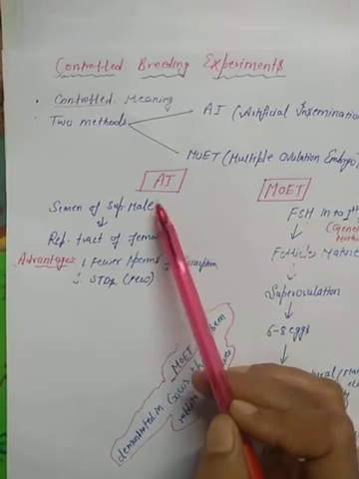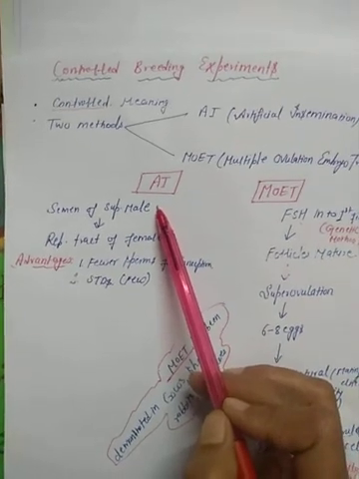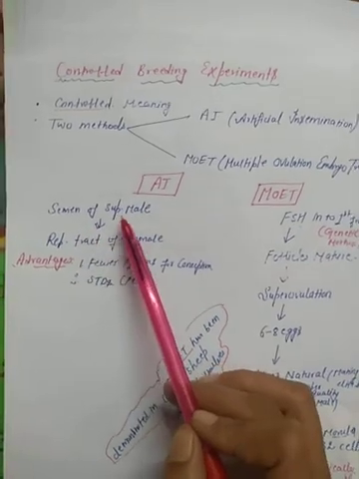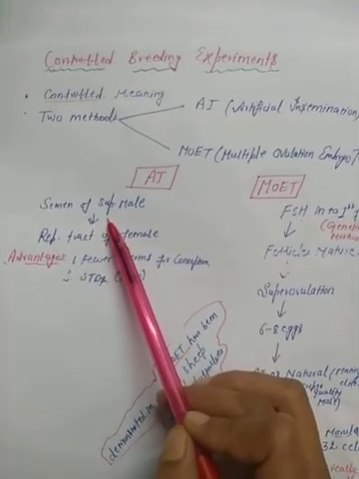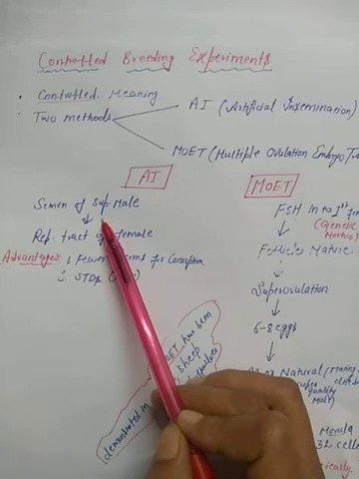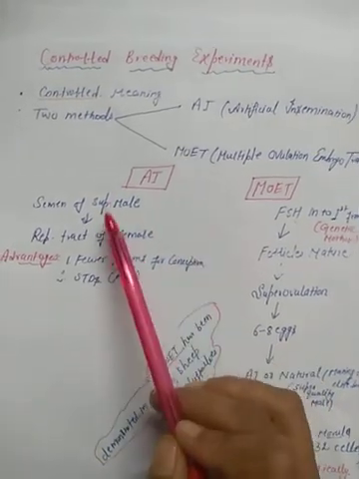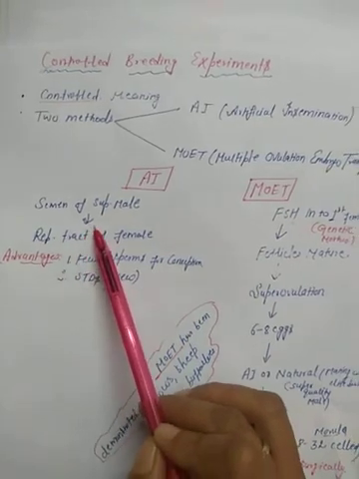In the artificial insemination method, what is done? First of all, semen is taken from the superior male, and then it is injected into the reproductive tract of the female.